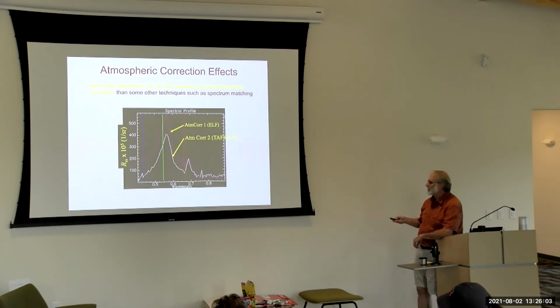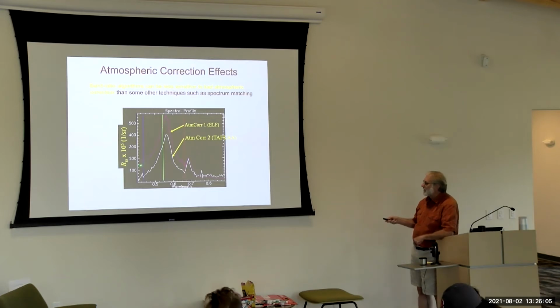We'll talk about those next week. But basically, one of them says, here's the spectrum after atmospheric correction. The other one says, here it is. They're different, like 30% difference or so, or maybe even a factor of 2 down here.